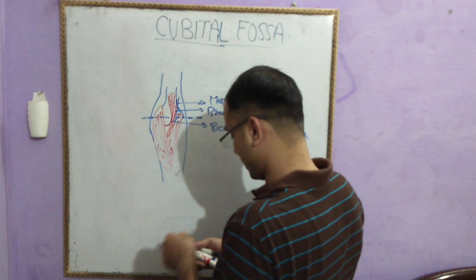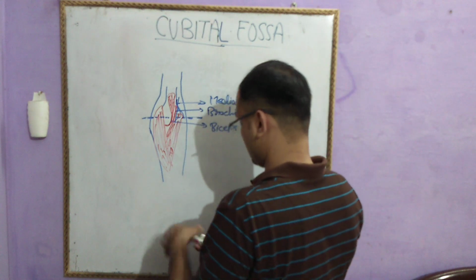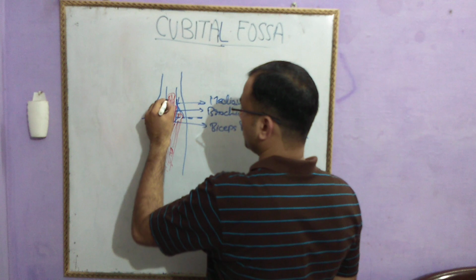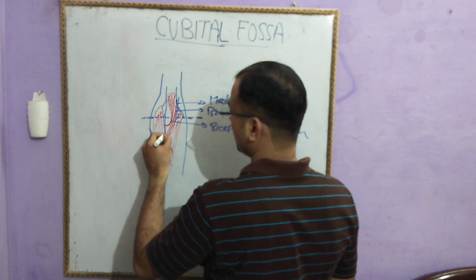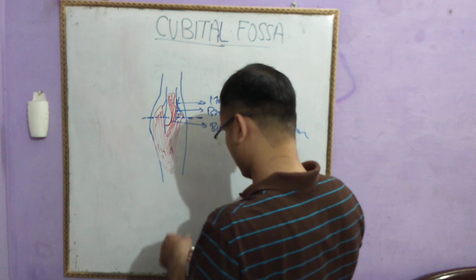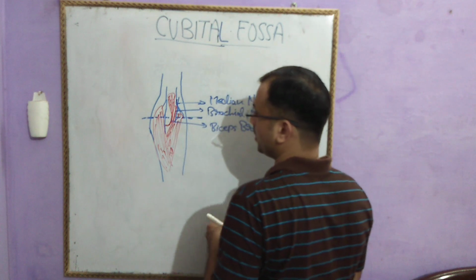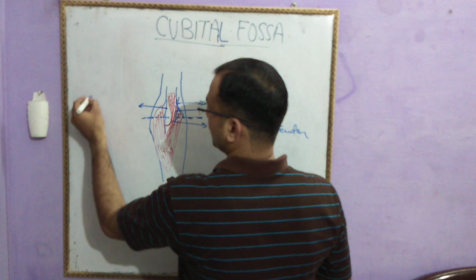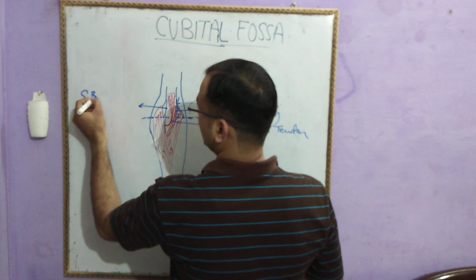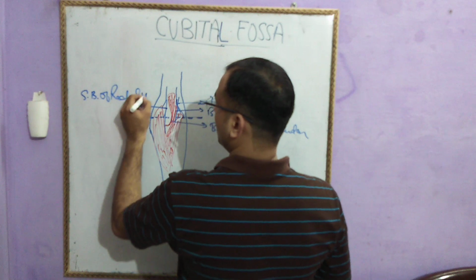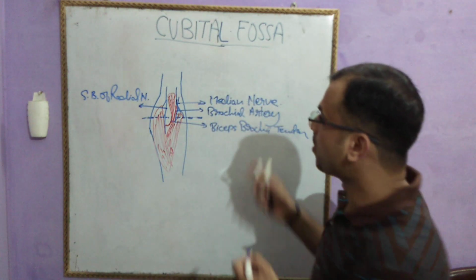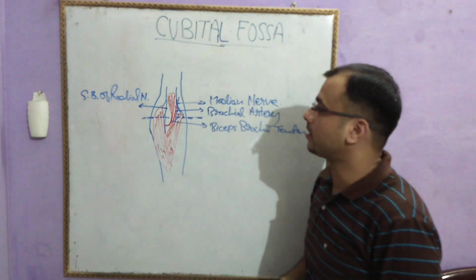And finally, here is another nerve known as the superficial branch of the radial nerve, which is located laterally. So these all are the contents of the cubital fossa.